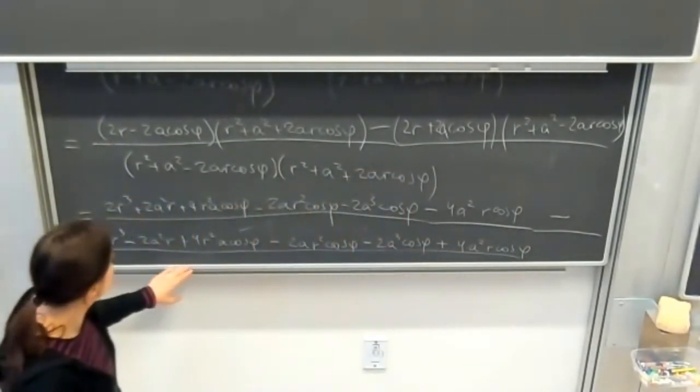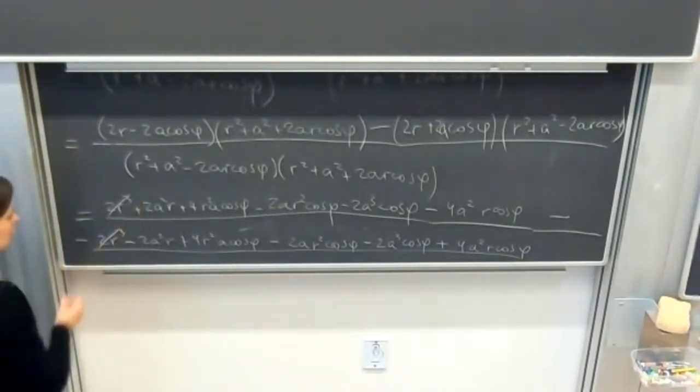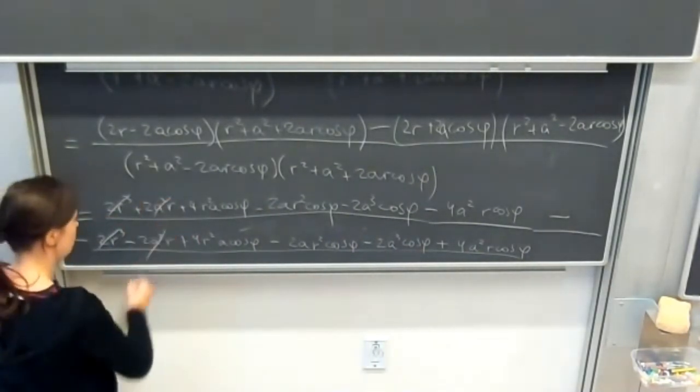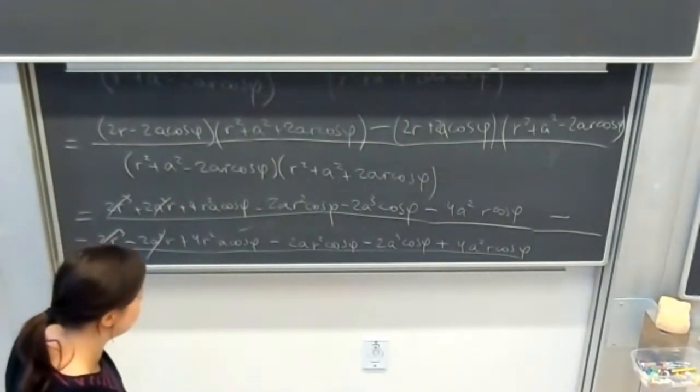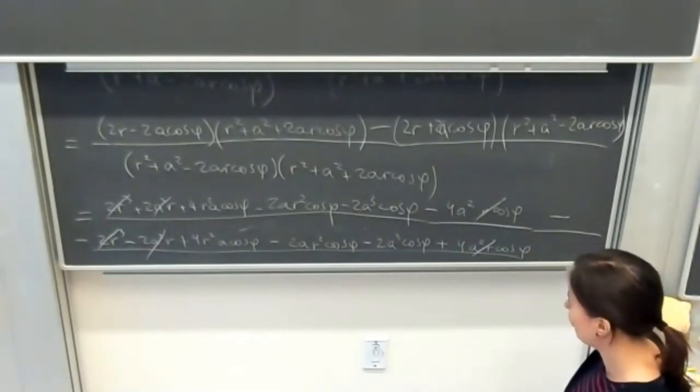All this has the same numerator, so let's cancel. This is equal to this, and this is equal.